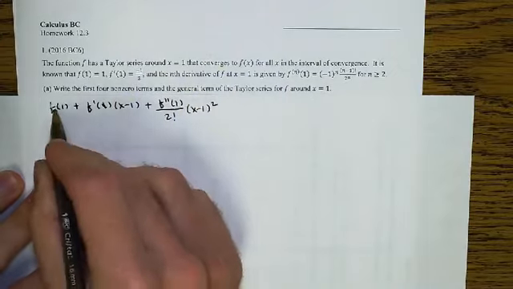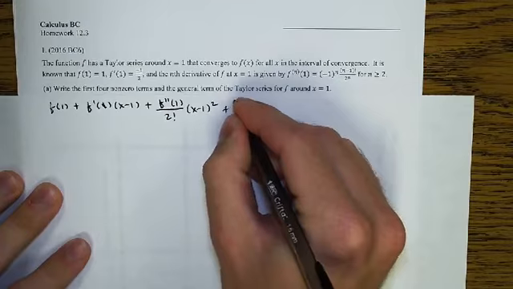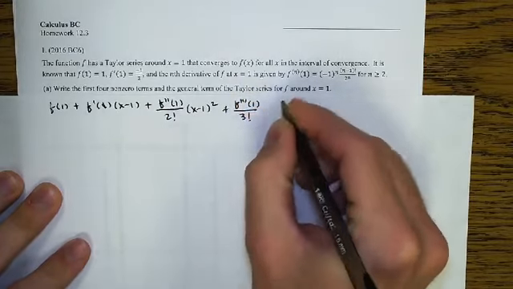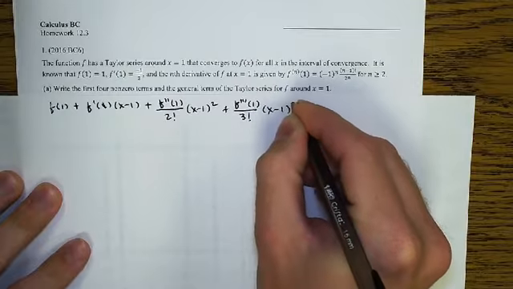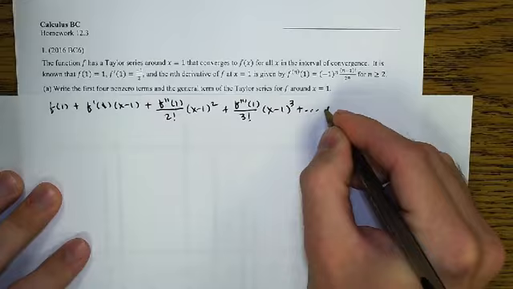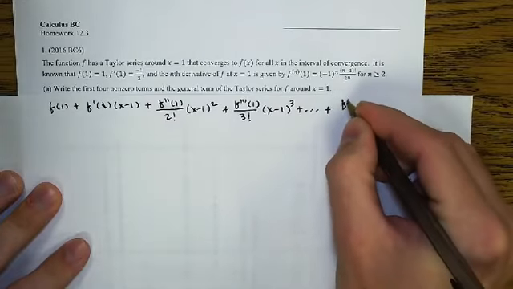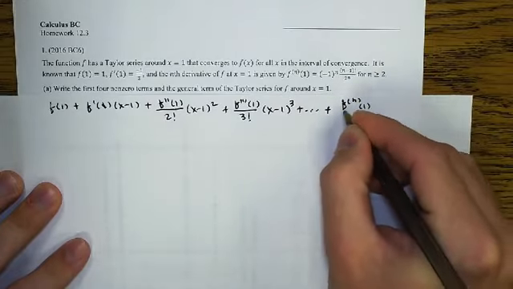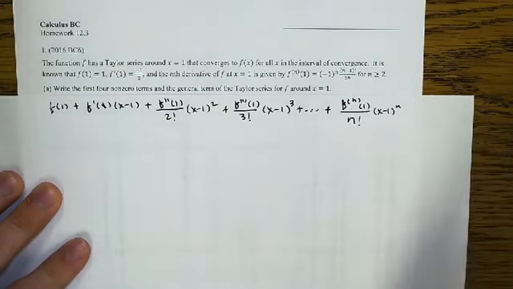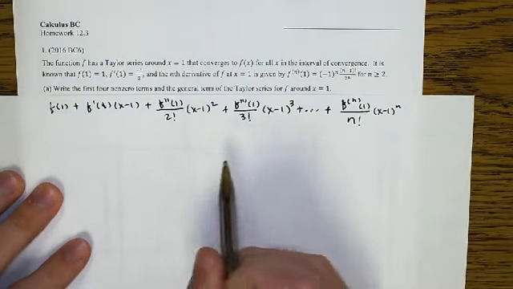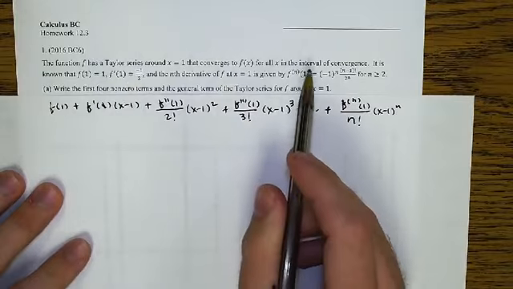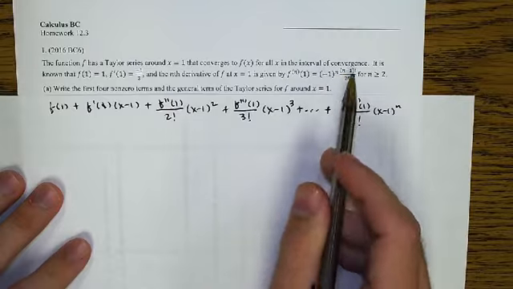We want the first four non-zero terms, so the fourth is going to be the triple prime at 1 divided by 3 factorial times x minus 1 to the third. Now, it wants the general term, so that's going to be the nth derivative of f at 1 divided by n factorial times x minus 1 to the n. We're basically just going to plug in for f of 1, f prime of 1, and f double prime, starting at n equals 2, we can use this formula.